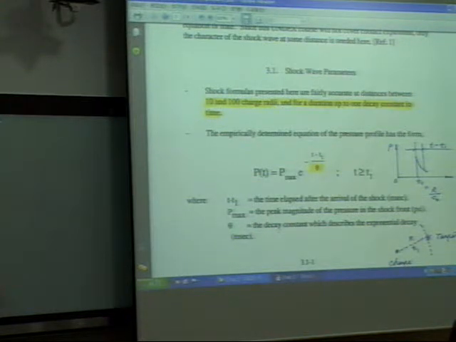All the empirical work, you put the charge, all different kinds of charges. You put the charge at different depths and conduct the testing. Then develop the equations. That's what happened.